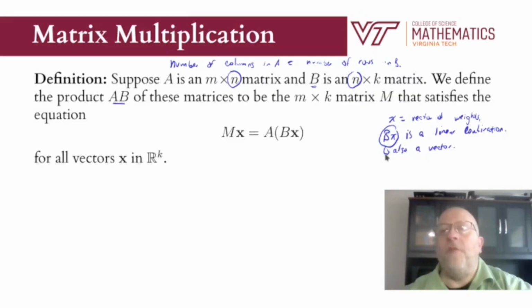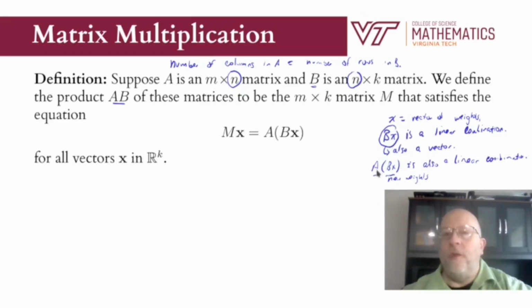So what if we use this vector as a set of new weights in this linear combination, where this is my matrix and these are my new weights? Then this is also a linear combination. That is, this is a linear combination of a linear combination, where the first linear combination results in a new set of weights that then we use in the second linear combination.